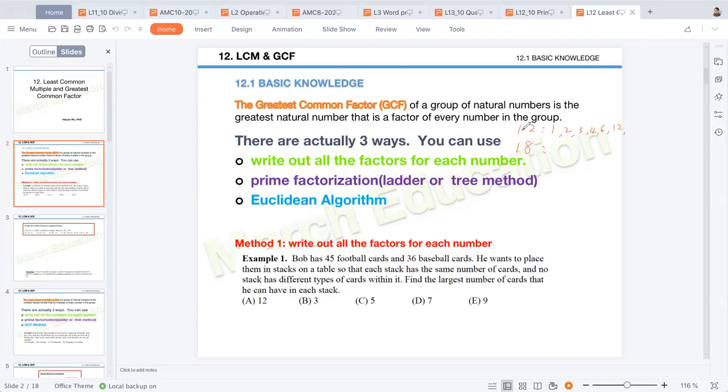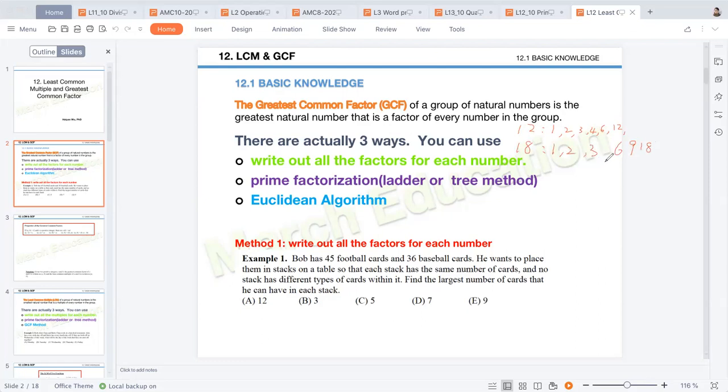So the factors of 12 are 1, 12, 2, 6, 3, 4. And the factors of 18 are 1, 18, 2, 9, 3, 6.